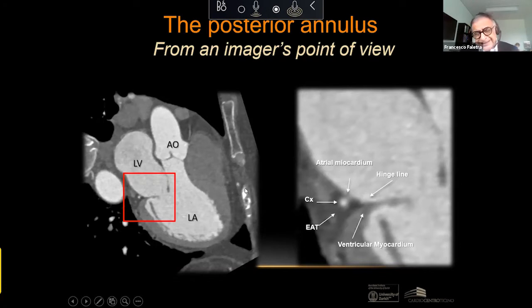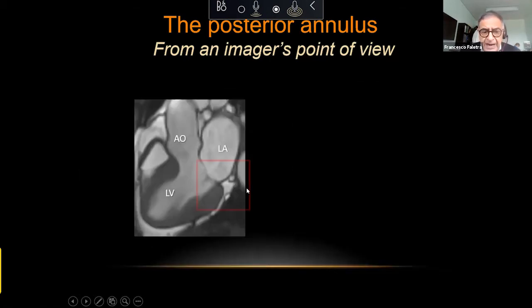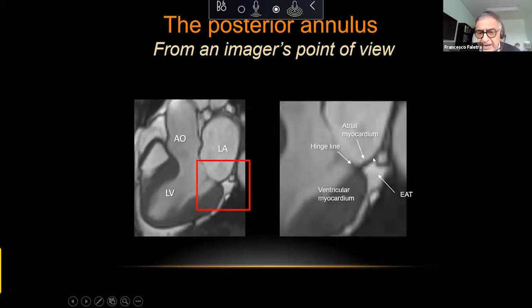And probably the best way of looking at this complex posterior structure of the mitral annulus is the MRI, in which you can see really how the adipose tissue penetrates deeply into this convergence of structures, and then you can see atrial myocardium, ventricular myocardium, hinge line, and this adipose tissue here.